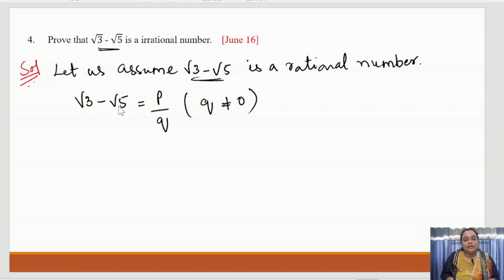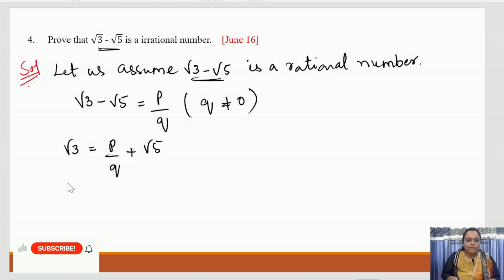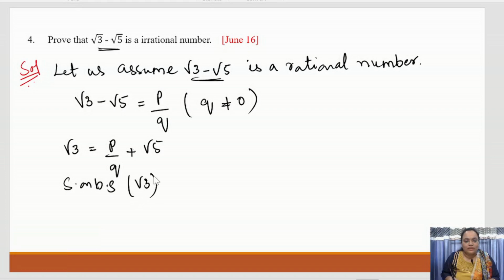Now let us send minus root 5 to RHS. So this will be root 3 is equal to p by q plus root 5. Now do squaring on both sides. You will get root 3 whole square is equal to p by q plus root 5 whole square.